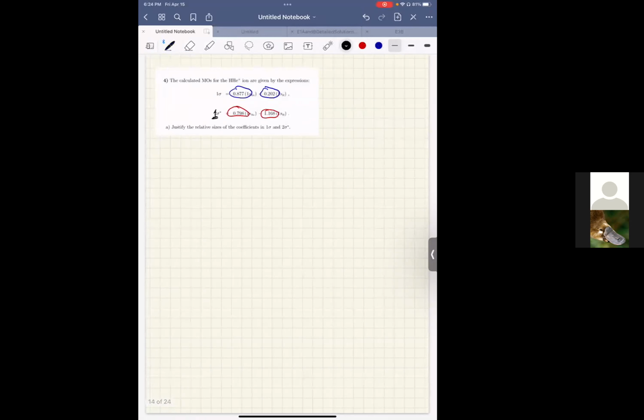And we can just put: because hydrogen is closer in energy to the anti-bonding orbital, it will contribute more to the molecular orbital than helium.